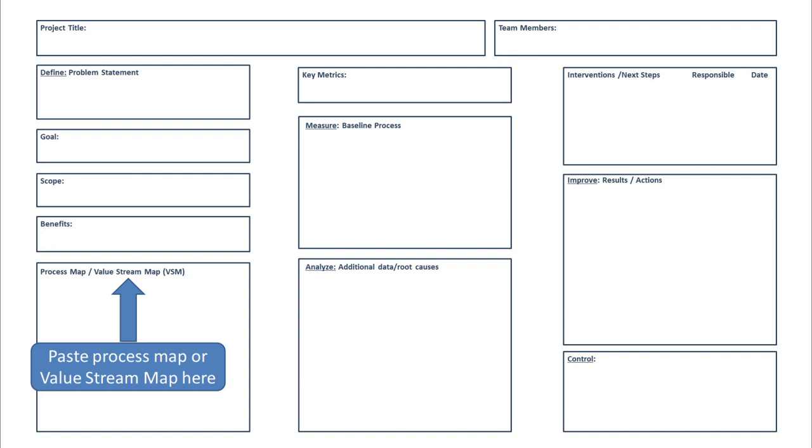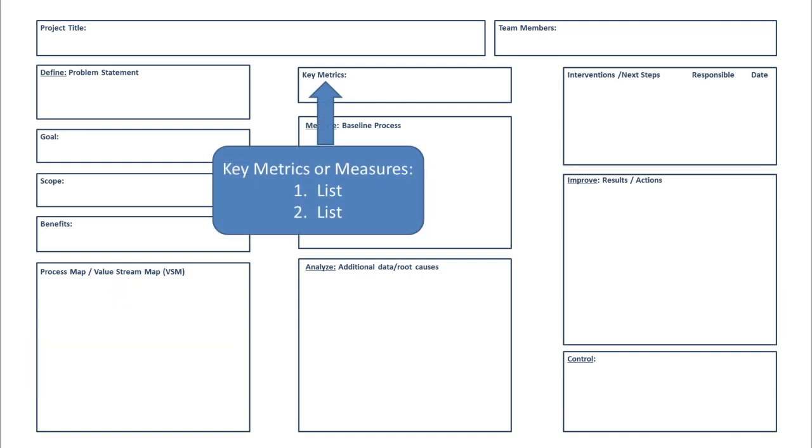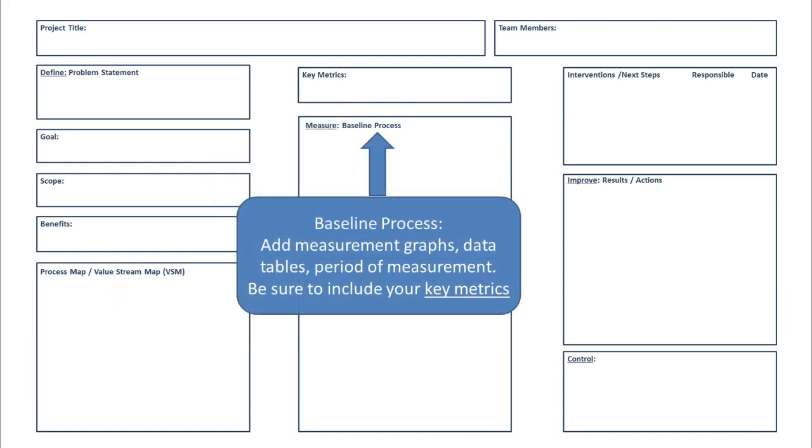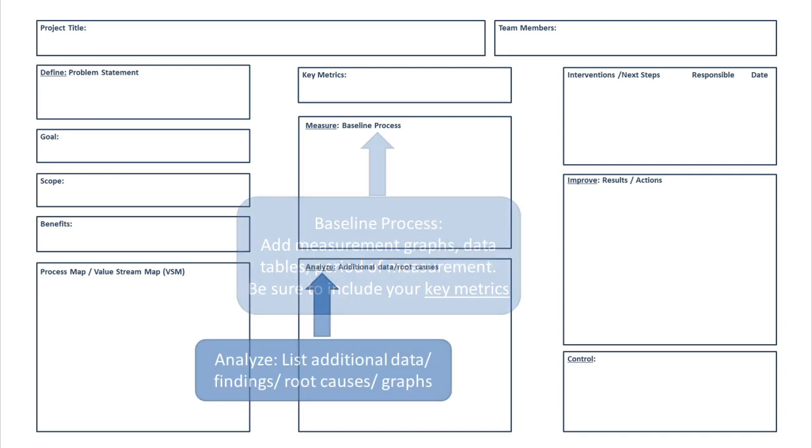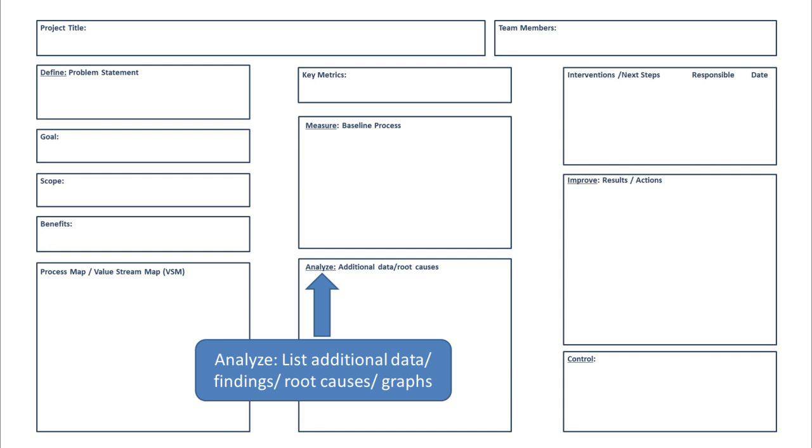In the next section, add your process map or value stream map. Your key measures go here. In the next box, you add in your baseline data, the measure phase in DMAIC. Next, put in your analysis of the problem in the form of data, graphs, or a cause and effect diagram. This is the analyze phase in DMAIC.